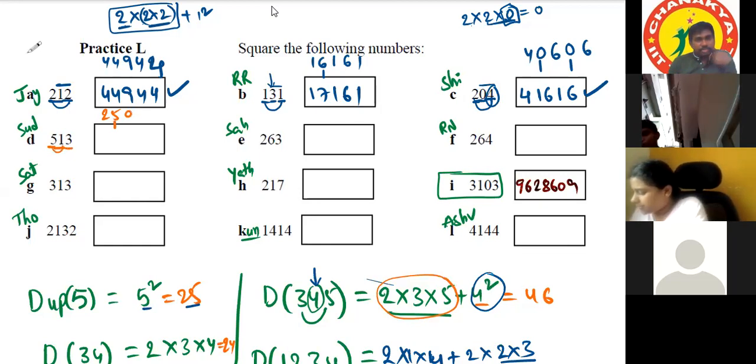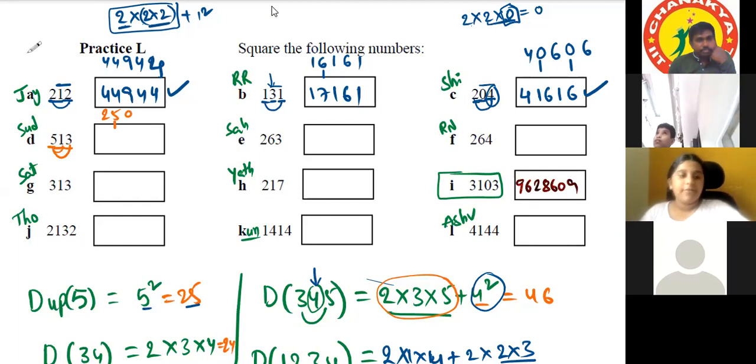Next 513 duplexes. Sir, 5, 1, 3, 2, duplex. 5 threes are 15. 15 double is 30.